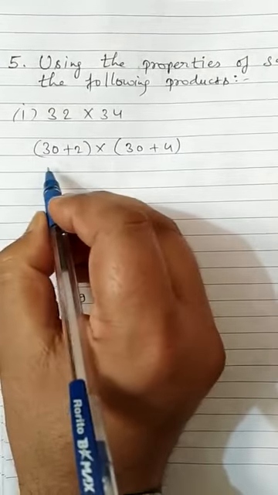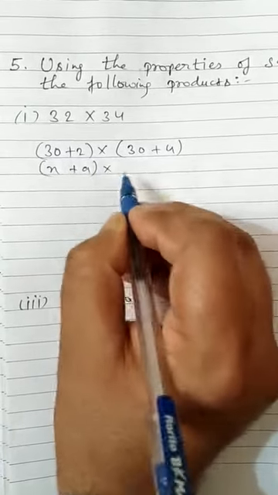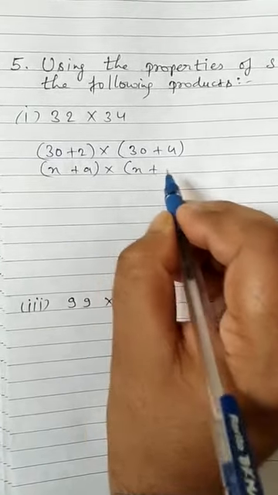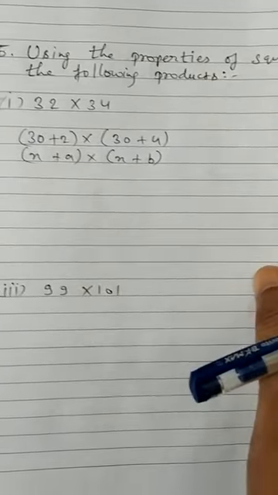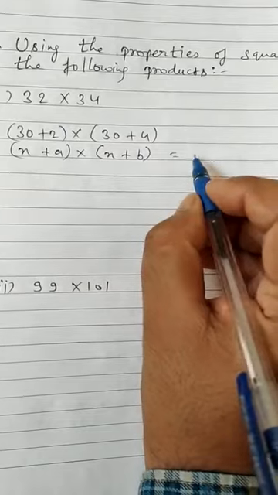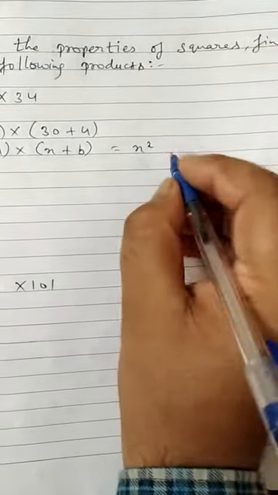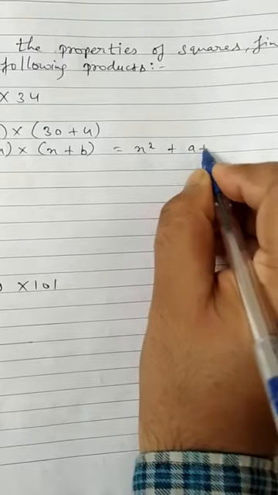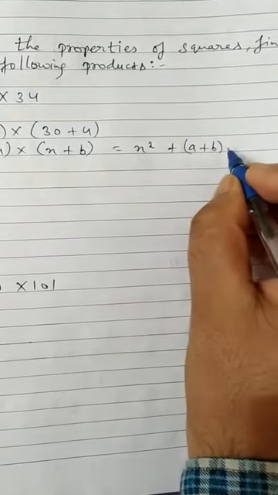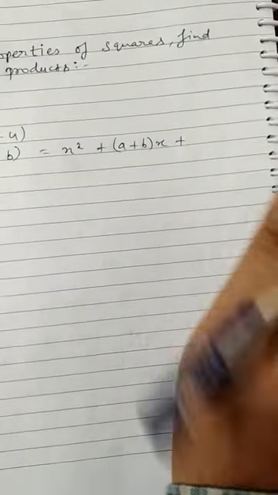There is an identity: x plus a multiplied by x plus b. This identity gives you the expression x square plus a plus b inside the bracket multiplied by x, plus the product of a and b.